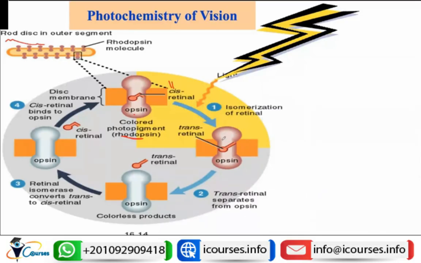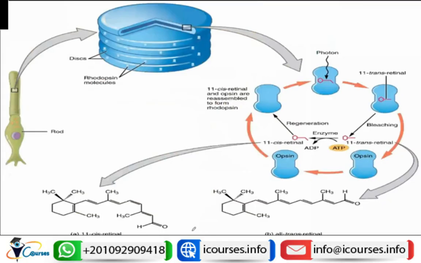Then the activated rhodopsin will be transformed into all-trans retinal, and the all-trans retinal will be changed to 11-cis retinal, which will bind with the opsin again to reform the rhodopsin molecule, and this occurs in the dark.